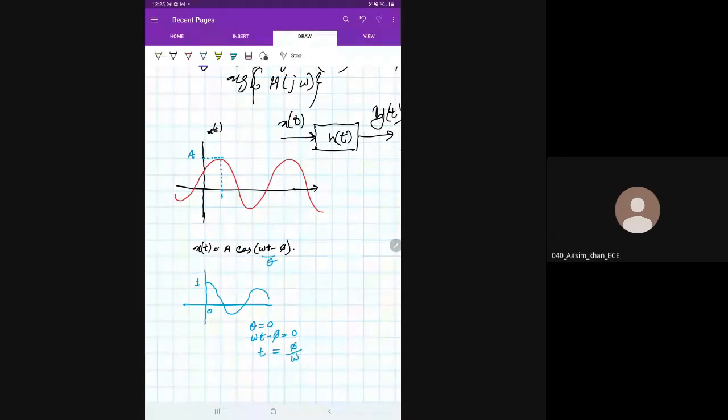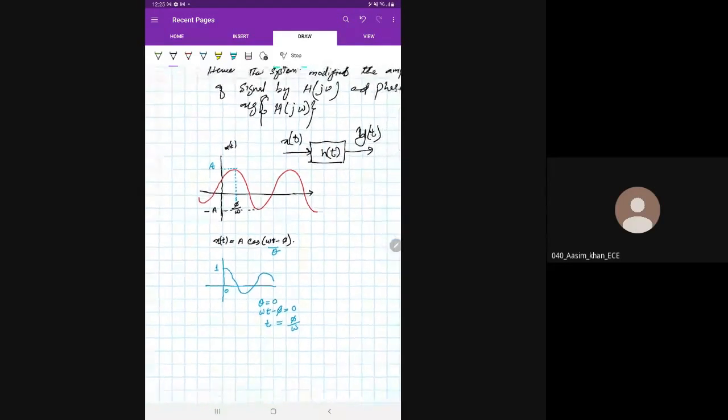Because you have to keep theta equal to 0, that is where the peak should be. So the phase difference here will be phi divided by omega. And similarly from below you will have minus a, plus a from above, minus a from below. This is x of t.